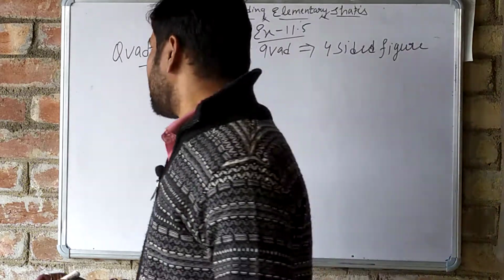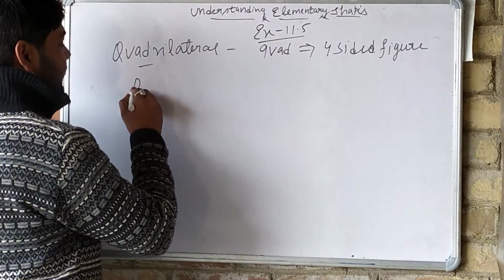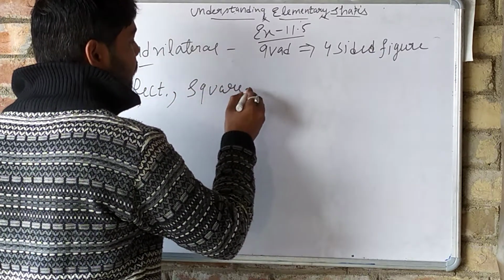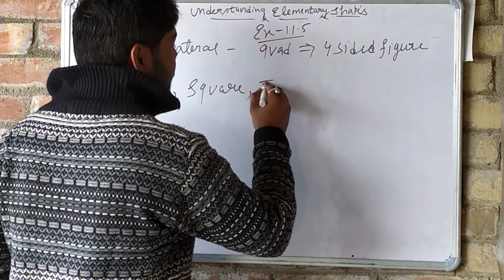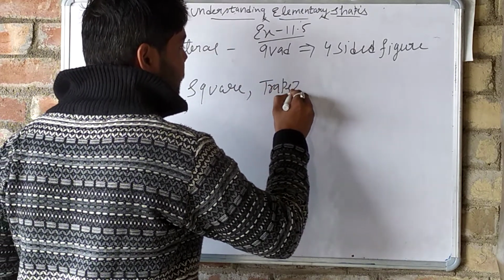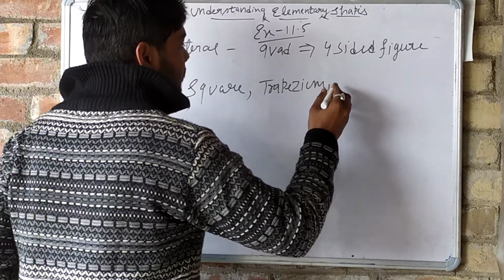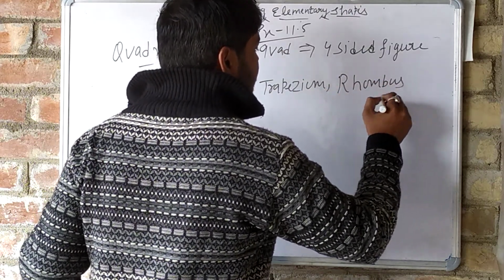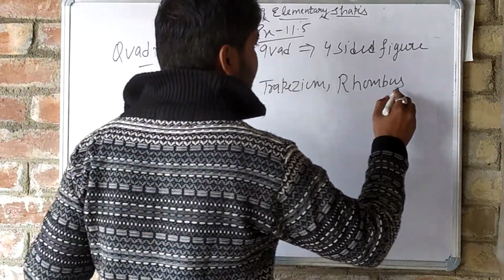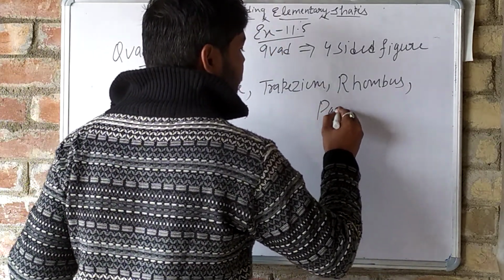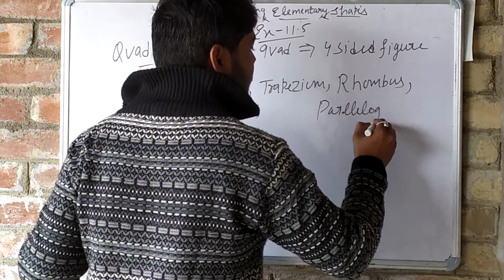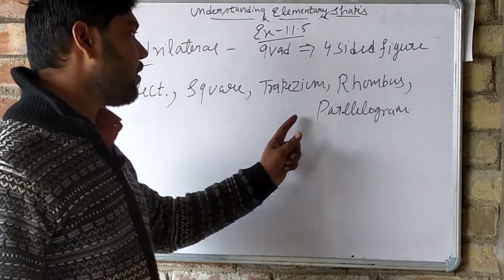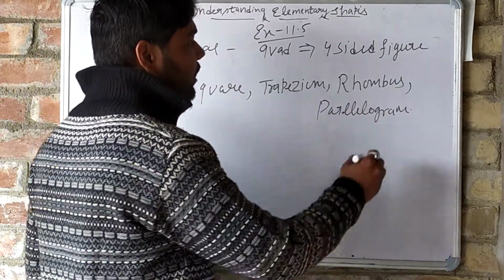That is, rectangle is a four-sided figure, square is a four-sided figure, trapezium is a four-sided figure, rhombus and parallelogram are four-sided figures. So rectangle, square, trapezium, rhombus, parallelogram and kite.